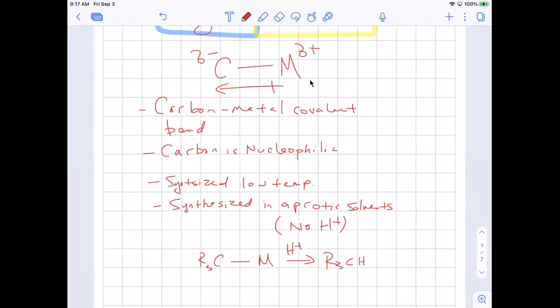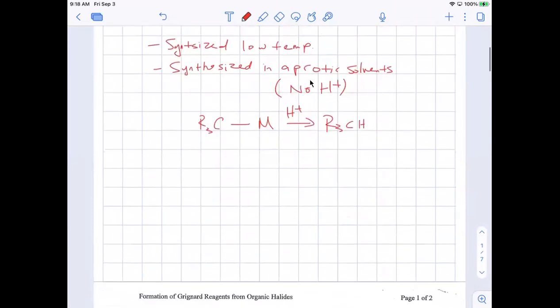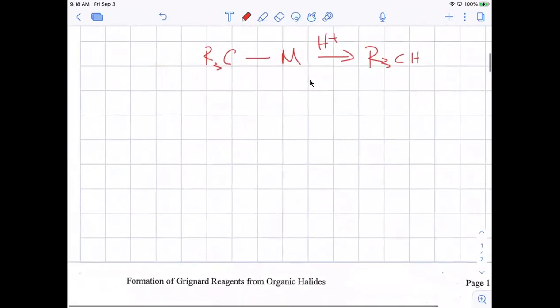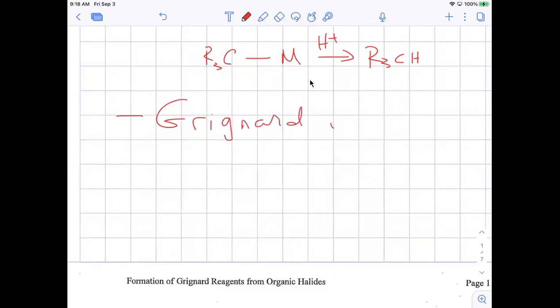we're only going to discuss 3 types, and then we're going to talk about how to make each type and what they're used for, right? So we're going to talk about Grignards, where the carbon-metal bond is between carbon and magnesium. And then we're going to talk about really 2 types, because one type is a precursor for the other.